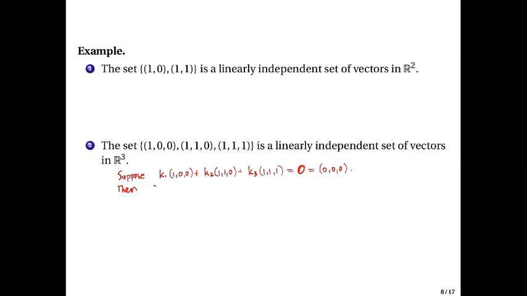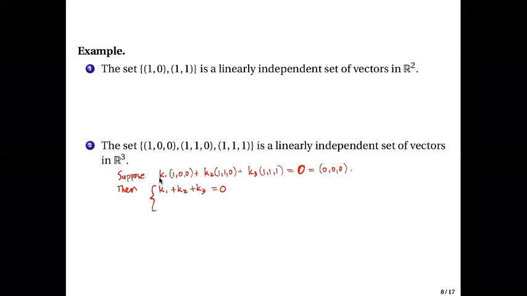Then, again, let us put it in a linear system. For the first component, you have k1 times 1 plus k2 times 1 plus k3 times 1, so k1 plus k2 plus k3, equal to 0.